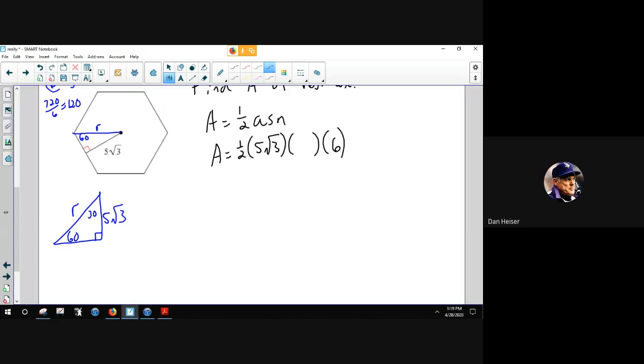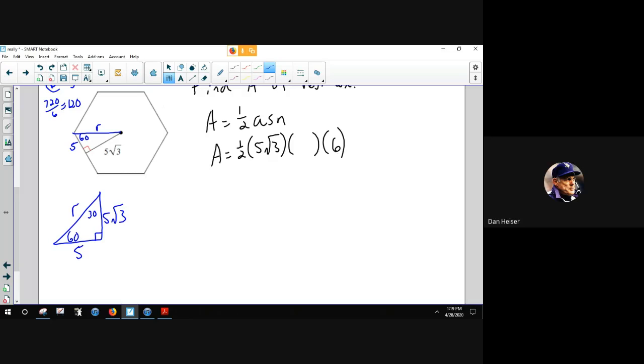These are the special rules I was referring to a few minutes ago. You may need to go back and review your notes on special right triangles, because without them, you can't go any further. So knowing our 30, 60, 90 rules, 5 square root of 3 is the long leg, which tells me the short leg is 5.